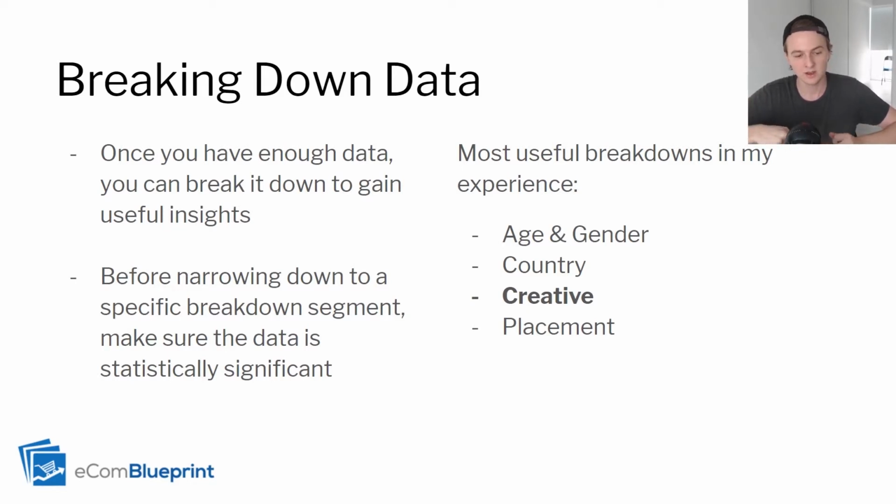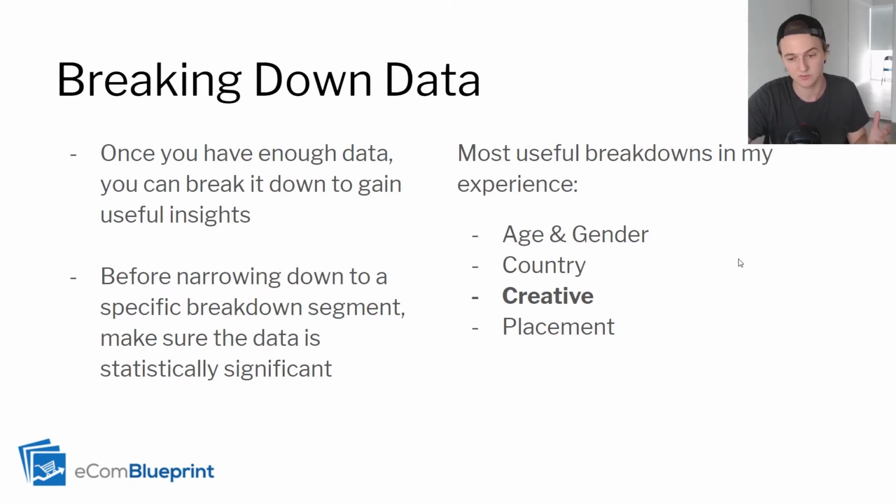For example, if you break down an ad set that's doing really well, and you see that 55 plus women are getting a really, really cheap cost per purchase, but you only have 2 purchases, that doesn't really mean anything, right? Because it's not statistically significant. So if you did try to narrow down to 55 plus women, expecting that you'd get that same cost per purchase, it wouldn't happen, because the data wasn't statistically significant. You would narrow down to that, and then you would get completely different results.